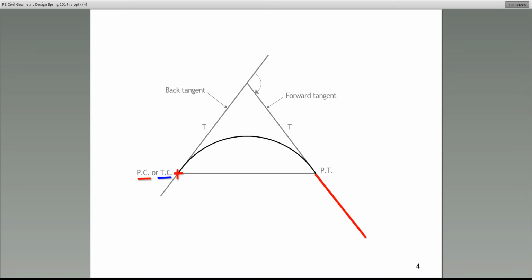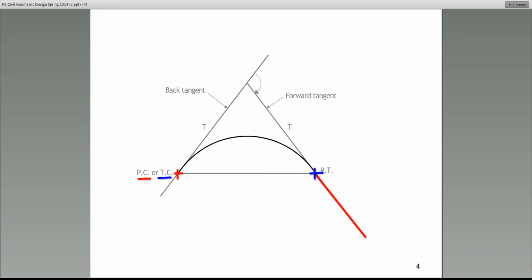Now, what about the point where the curve ends and the next alignment begins? Well, you see on the right-hand side, that's called PT. And that PT stands for point of tangency.